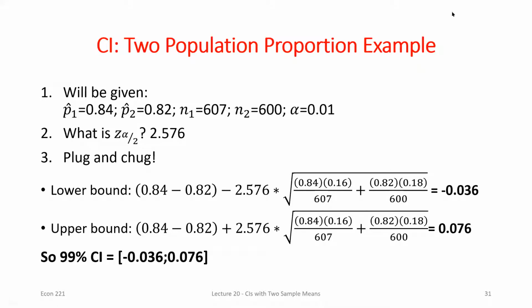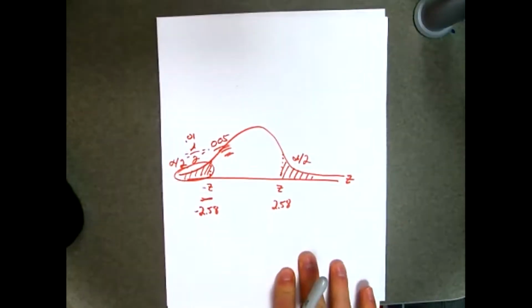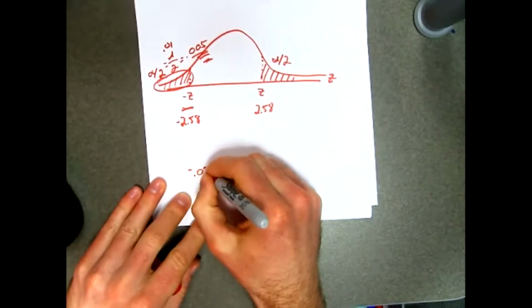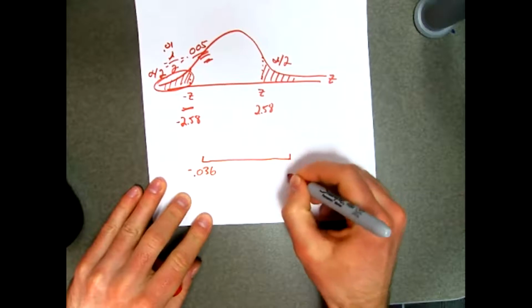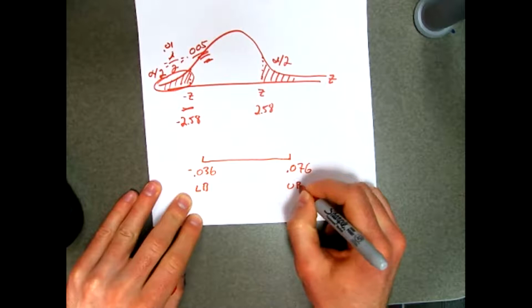So I want to make a point here. I had negative 0.036, 0.076. So this is my lower bound and my upper bound.